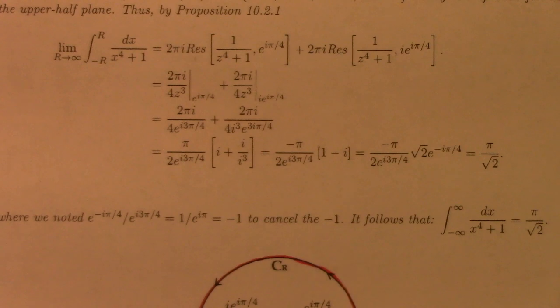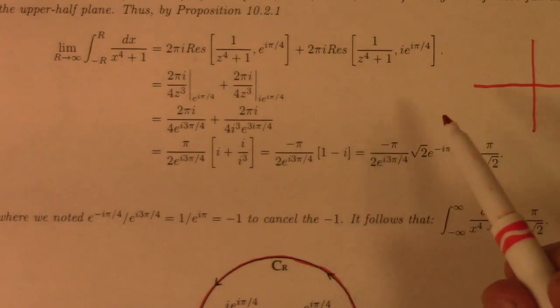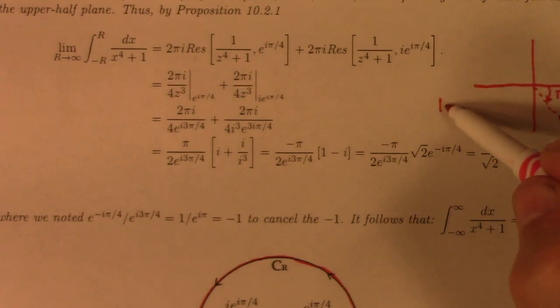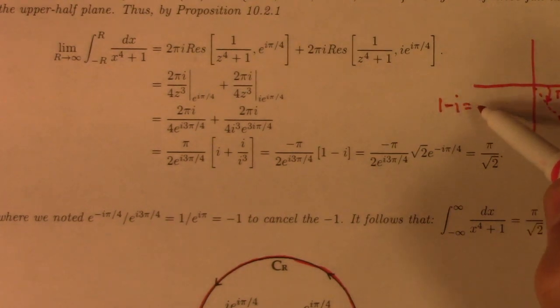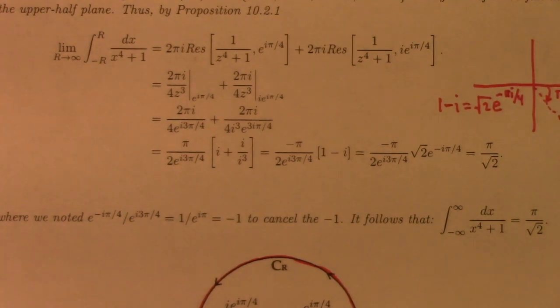Let me draw a picture. What's going on there? 1 minus i is right here. That, my friends, is pi over 4 down. So as you can see, 1 minus i is equal to the square root of 2 times e to the minus pi i over 4, which is what I did right about here.